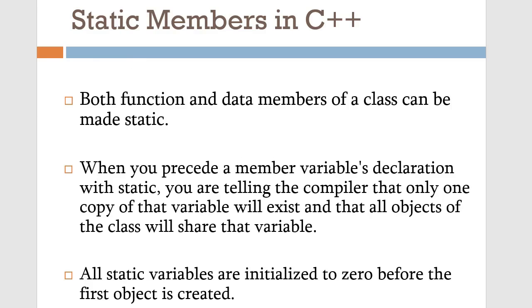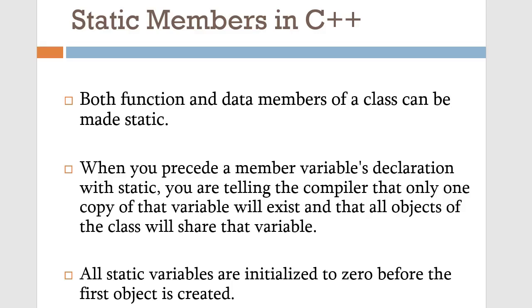In C++, both function and data members of a class can be made static. When you precede a member variable's declaration with static, you are telling the compiler that only one copy of that variable will exist and that all objects of that class will share that variable. This is a very important point.